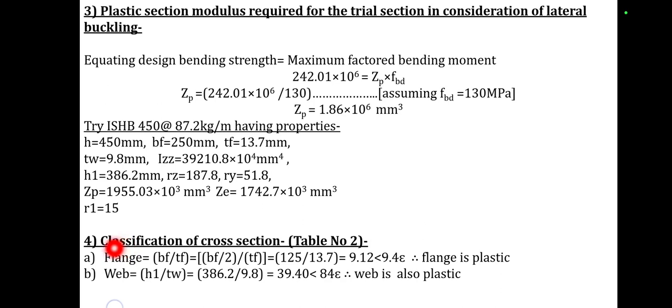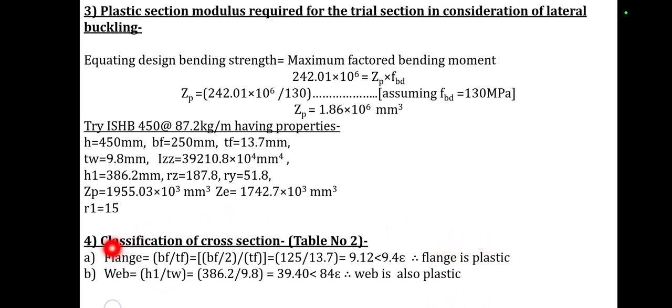So according to the flange criteria, we need to take BF upon TF, and here as it is an I section, BF is divided by 2. Substituting these values into the formula, we get BF upon TF is equal to 9.12, which is less than 9.4 epsilon. Hence our flange is plastic.